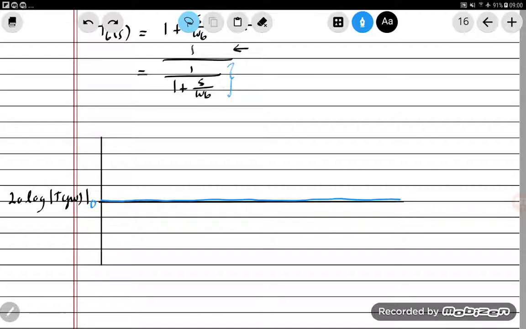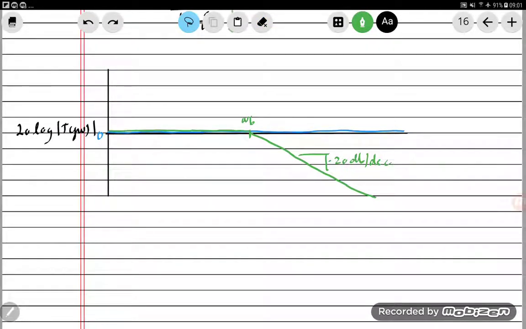And for, well, let's use another color, we know that up to the break frequency for this part, the magnitude will be 0 as well, and then the magnitude will fall by 20 decibels, minus 20 decibels per decade.